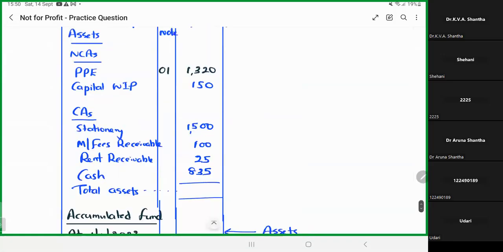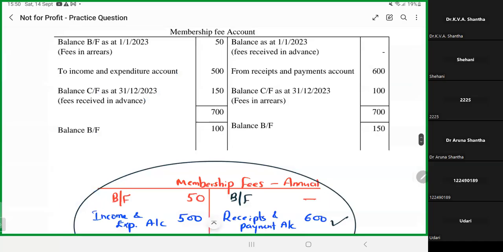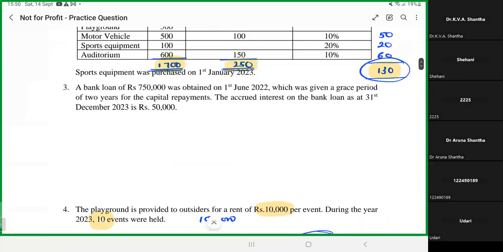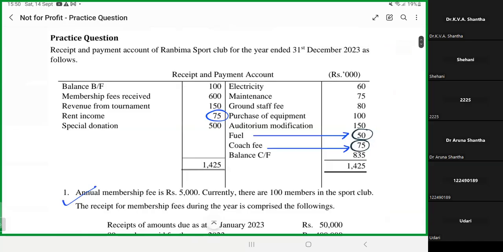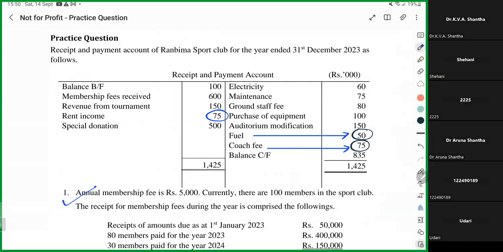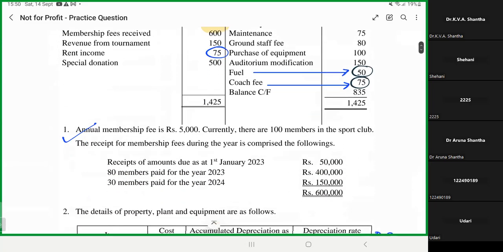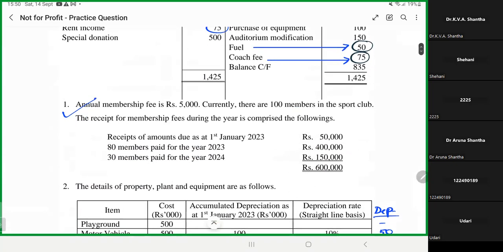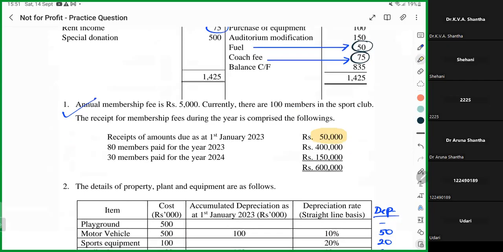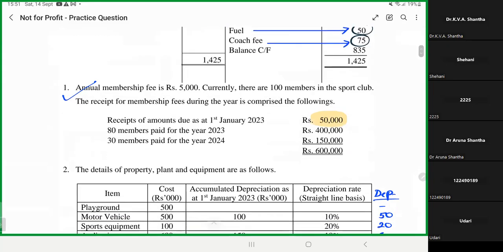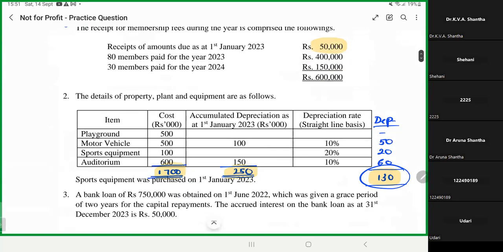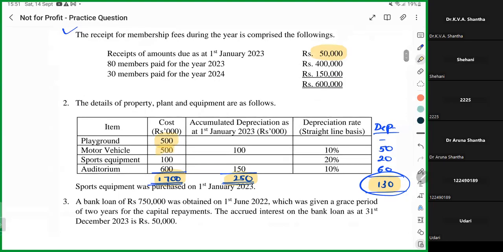So let's go through the question from the beginning. You see, at the beginning cash balance 100. Membership fees receivable 50. At the beginning, you had playground, motor vehicle, and auditorium. Sport equipment you purchased during the year.